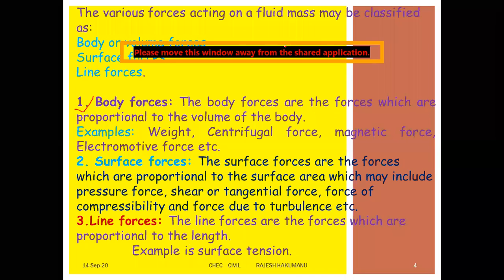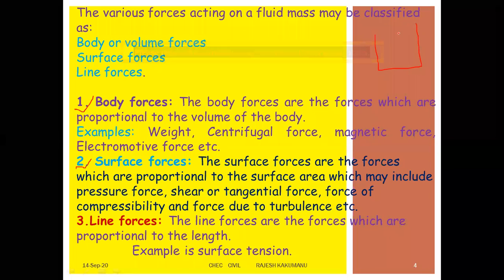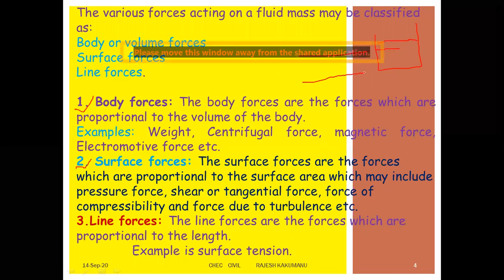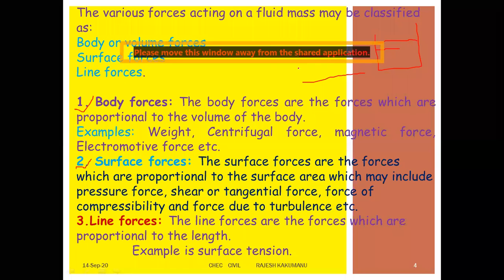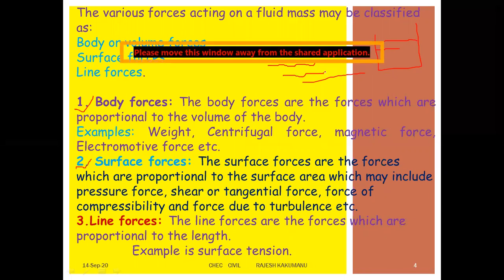The second one is surface forces. Boundary means, for example, if this is a pipe where the water is flowing, then this one is a boundary and that one is a boundary.